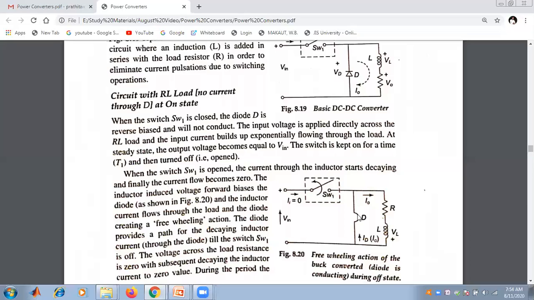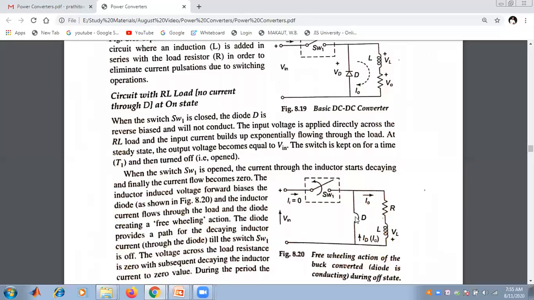That means somehow this diode will be in forward bias, which means it will create a closed circuit. How? If I see the voltage notation, there is a plus voltage across the inductor, that means this part is plus and this part is minus.